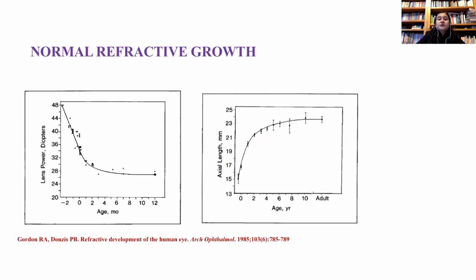This is the famous curve by Gordon, and if we see, most of the axial length increase occurs in 0 to 2 years in normal children, while lens power in diopters decreases sharply in the 0 to 2 month age.